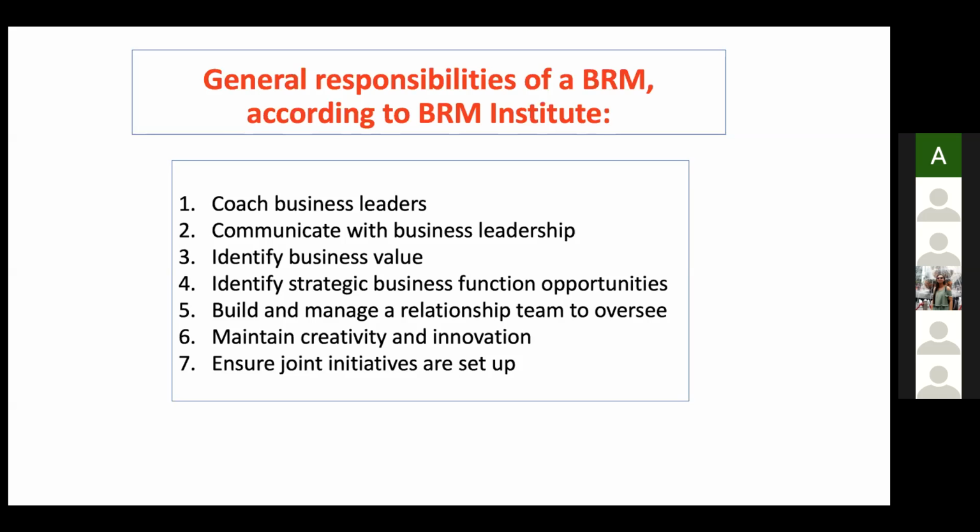Maintain creativity and innovation by staying on top of industry and technological trends. Ensure joint initiatives are set up for successful alignment with corporate strategy.